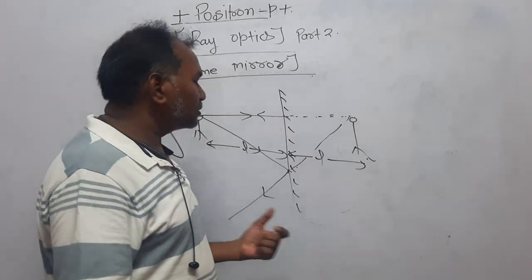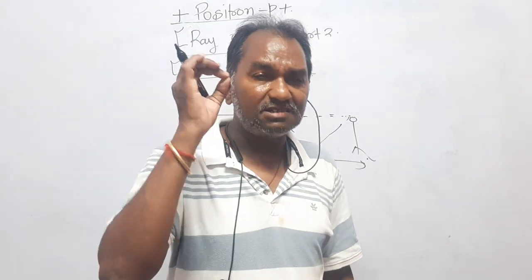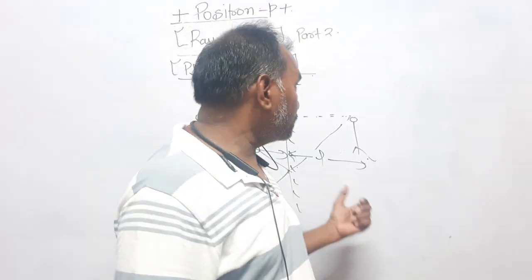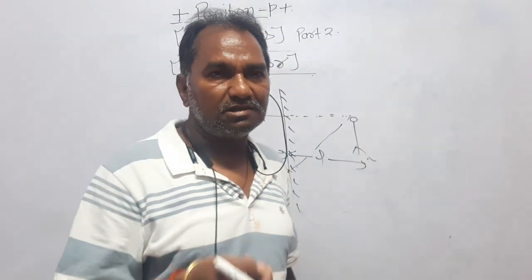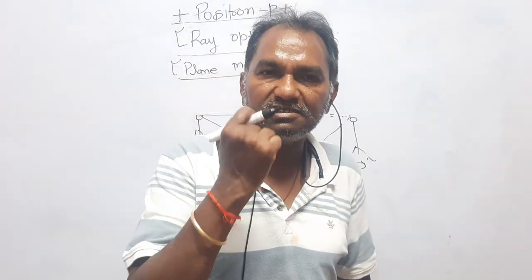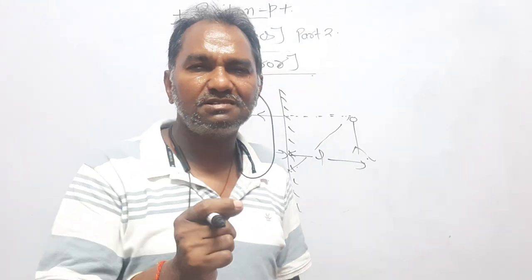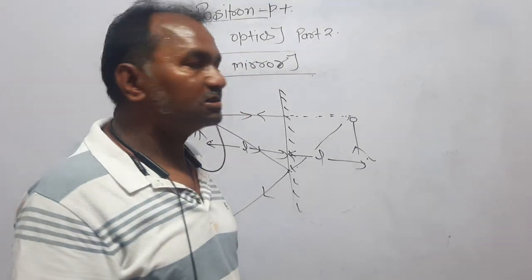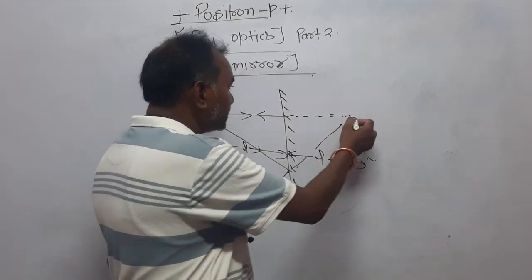Dear students, so in the case of a plane mirror, the image made is virtual and erect, right? Why virtual? Because the rays are intersecting virtually. In order to make the image, the basic concept is that you need two rays to intersect. These two rays are intersecting virtually, not really. That is why the image is virtual, but the image is erect, right?